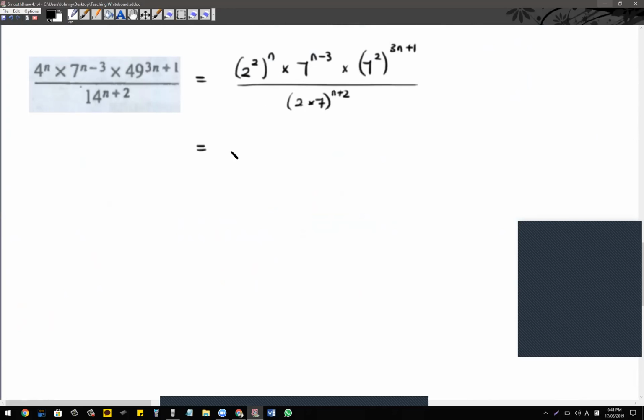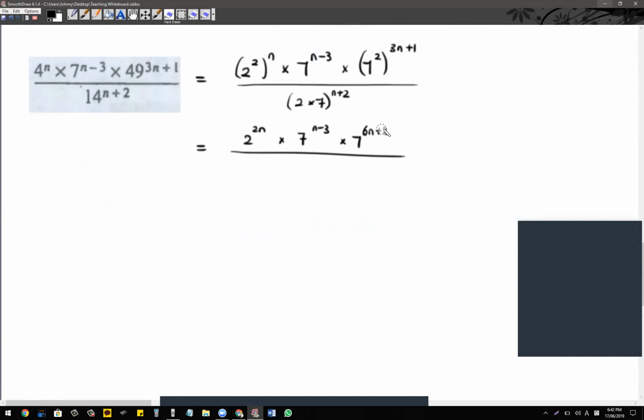So this one is 2 to the power of 2n, 7 to the power of n minus 3, 7 to the power of 6n plus 2, because you times it by this, times by this.